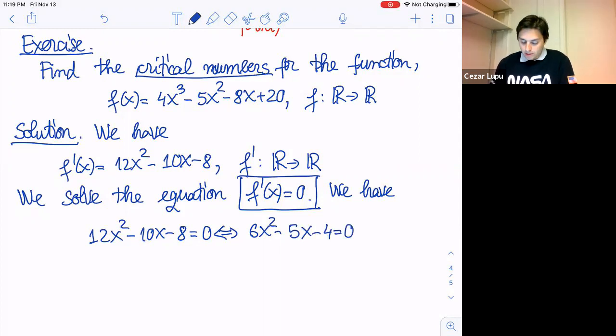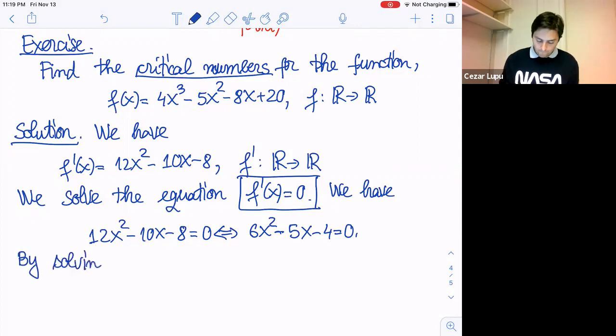Again, this is a quadratic equation, and by solving this, we'll get the solutions. I'll leave this to you.